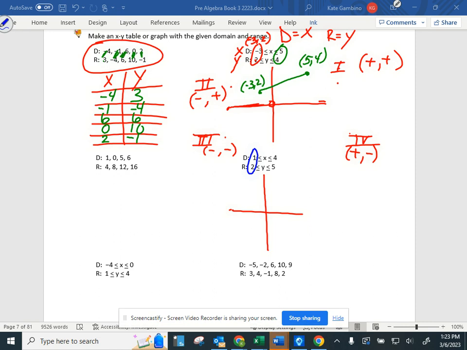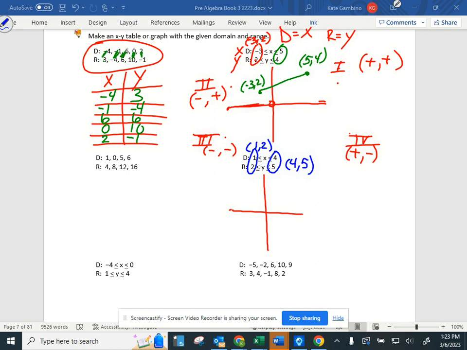So that means my coordinates are 1, 2, and then to end it, it's 4, 5. So how would I graph that? Which quadrant am I going to be in if they're both positive? James? Number 1. I'm going to be in quadrant 1, because both of them are positive, positive.